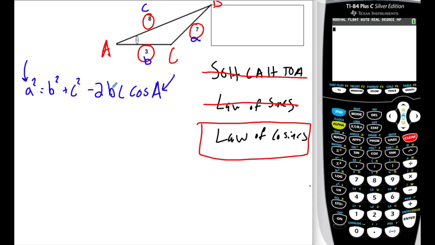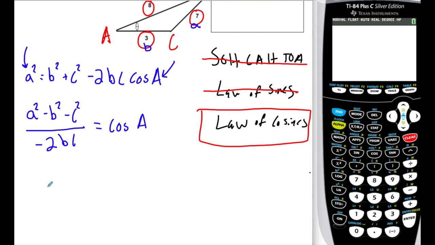By getting cosine A alone, which is how we derived it, and then extending from there, we subtract b squared and c squared, and then divide by negative 2bc, and we get the cosine of A. Then we'll use our inverse cosine to figure out the answer.